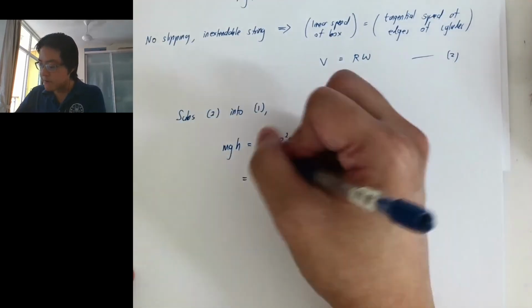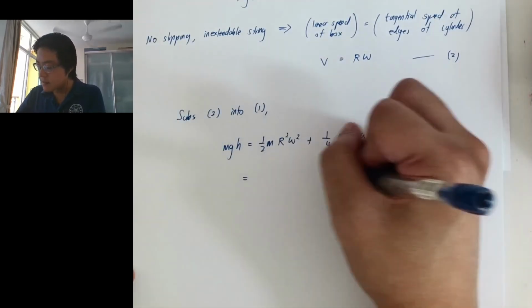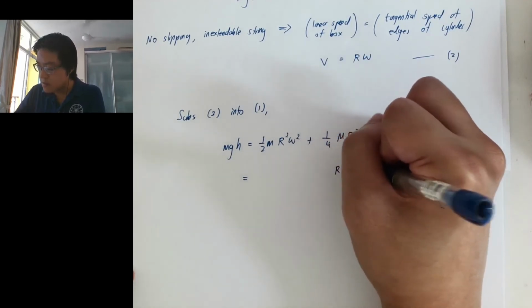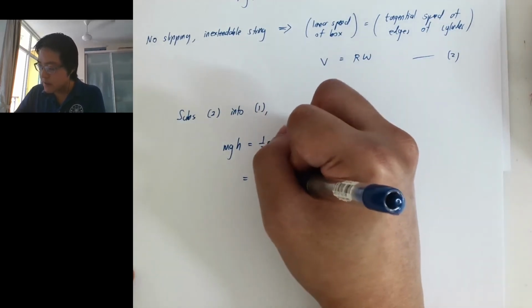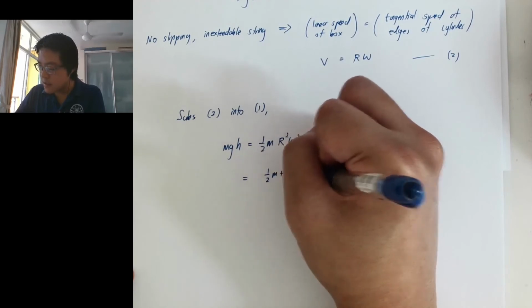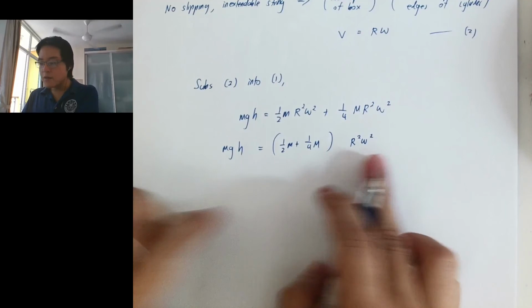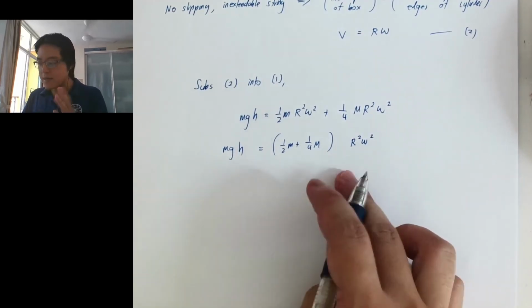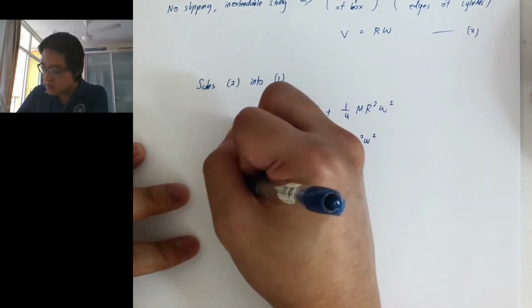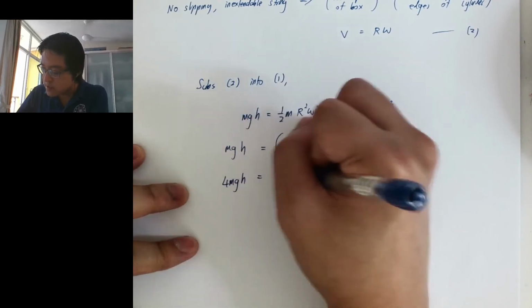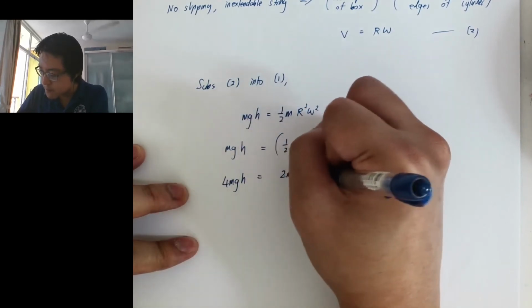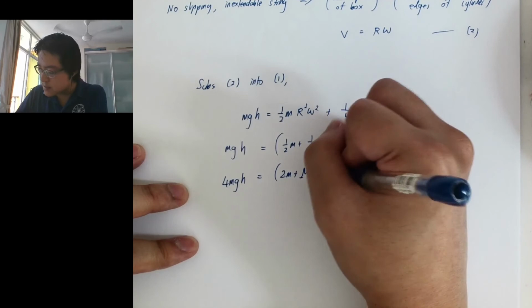Let's factorize R omega out. Then I got half m plus a quarter M. This is small m gh. You can solve this to find omega already, but I just want to make things look a bit nicer. So 4mgh is equal to 2m plus capital M, and this is R squared omega squared.